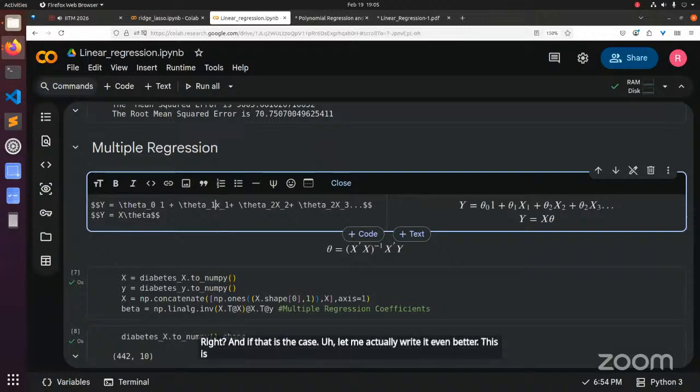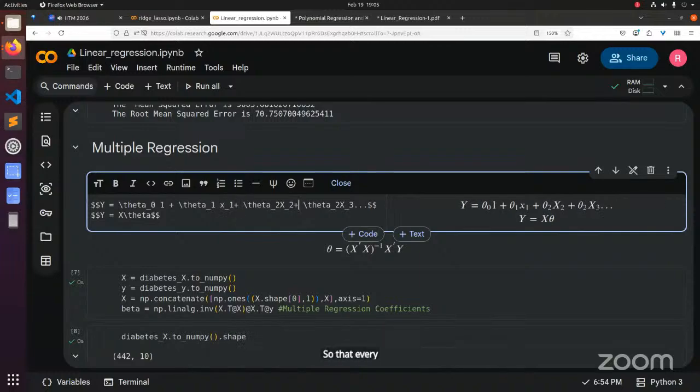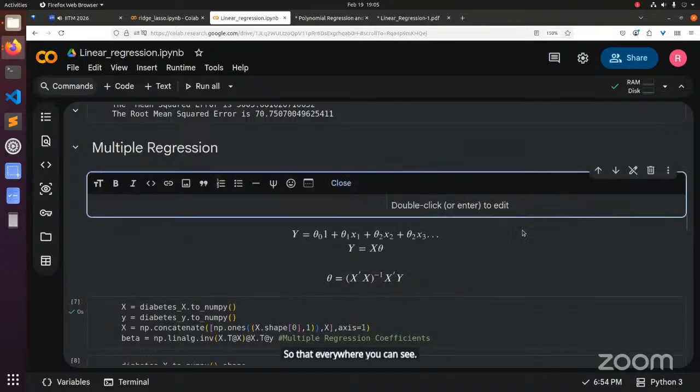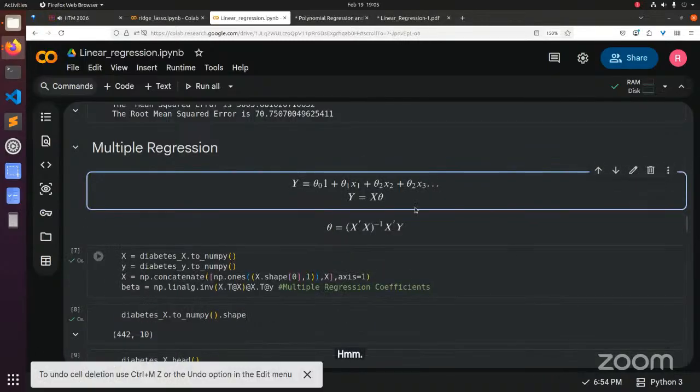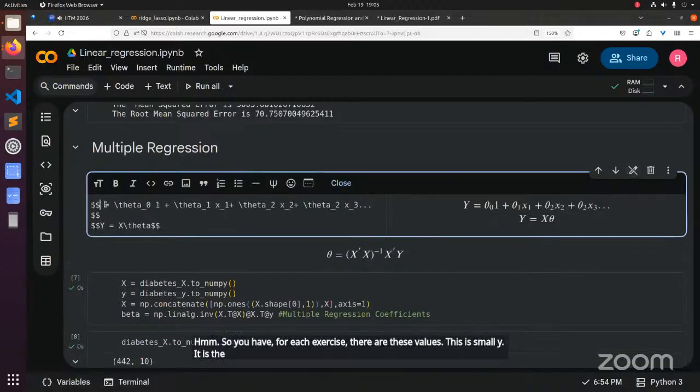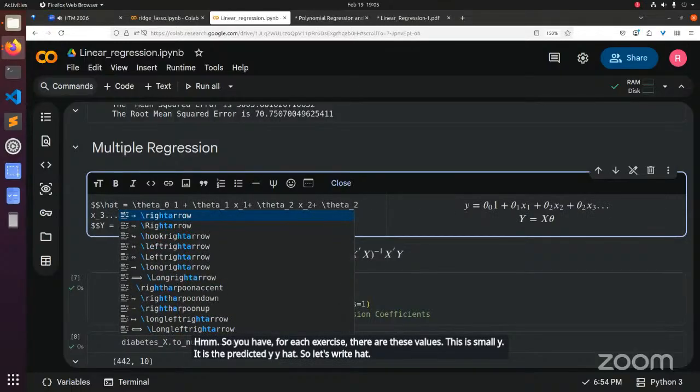Let's make it small x so that everyone can see. For each xi there are these values. So this is small y, the predicted y hat.